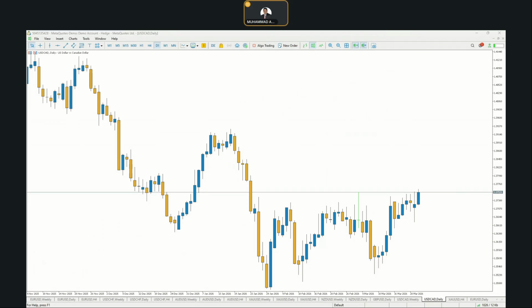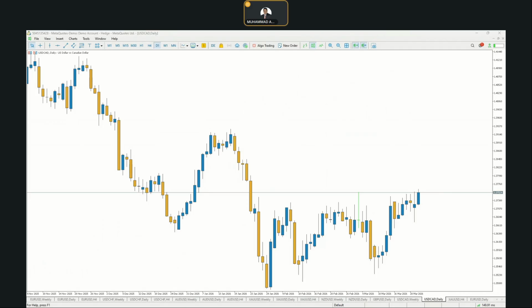Forex market focus shifted to Bank of Canada forward guidance. We received cautious or slightly dovish tone from the Bank of Canada. Short-term buying momentum in USD CAD, that was also the main reason. The upward move in USD CAD was mainly driven by expectations of a slower pace of future tightening.